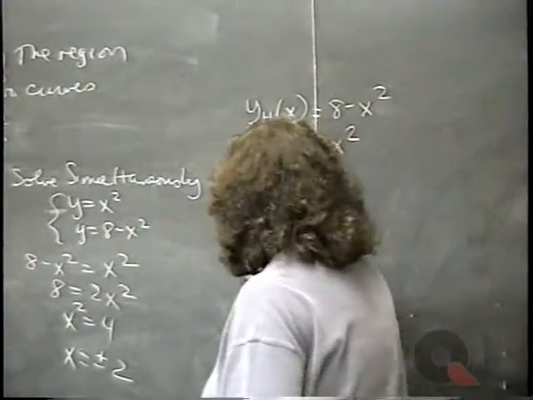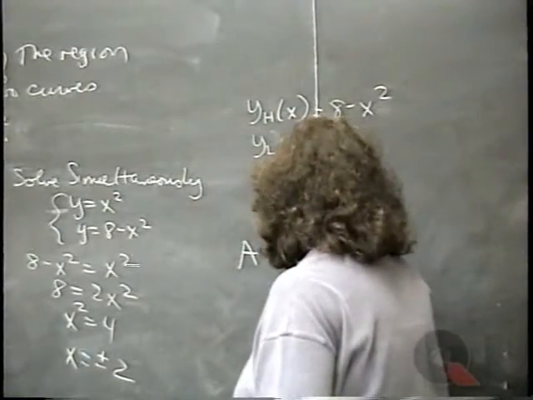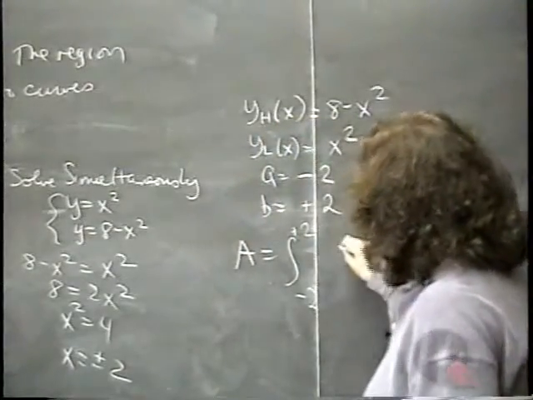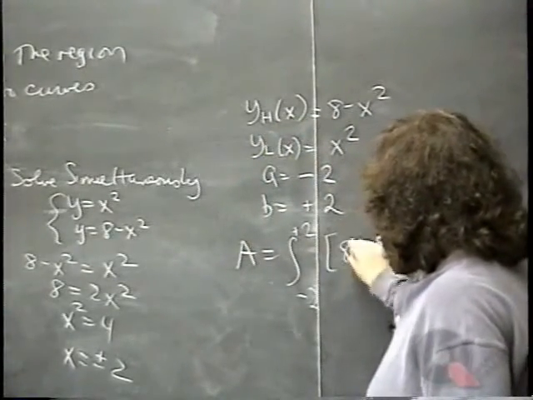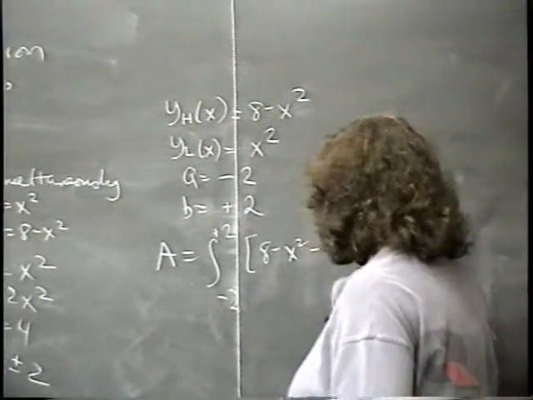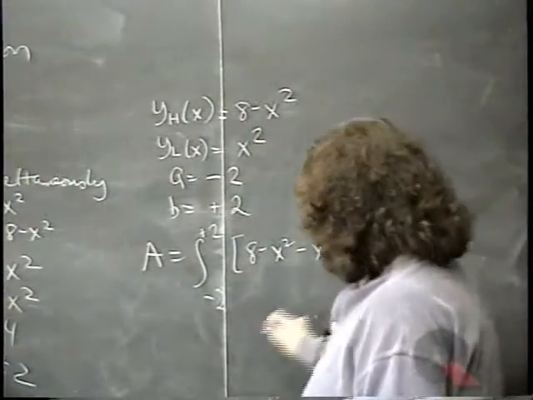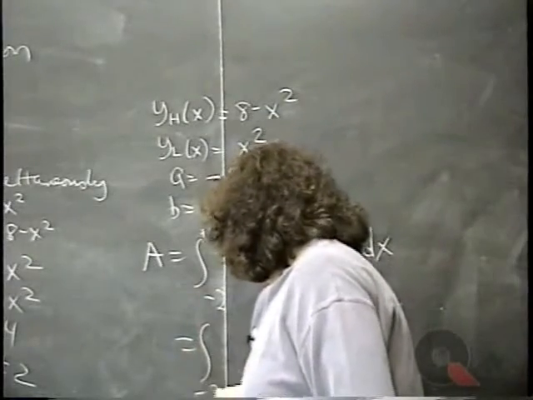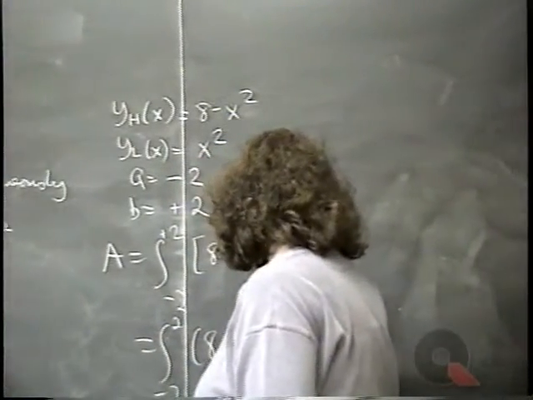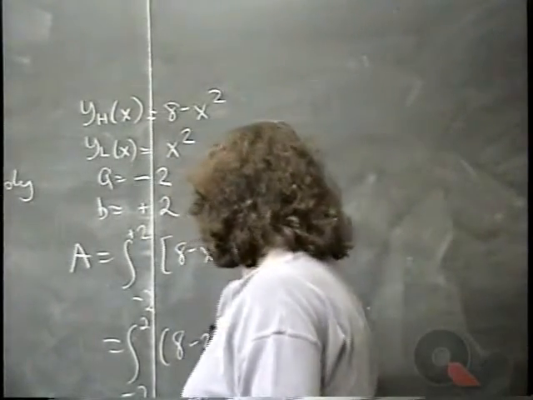So the area is going to be the integral from minus 2 to plus 2 of the y value of the high curve minus the y value of the low curve dx. Once again, the integral from minus 2 to 2 of 8 minus 2x squared dx.